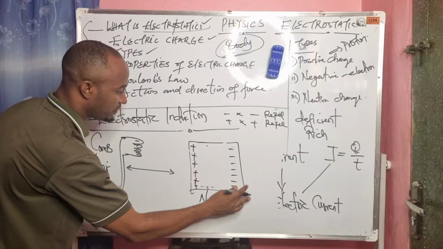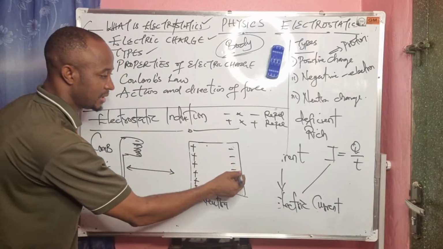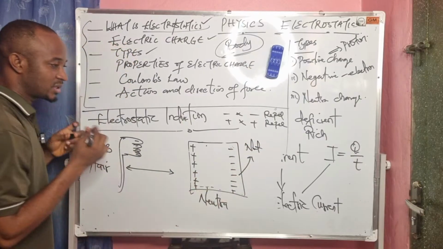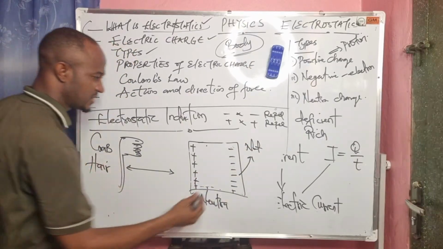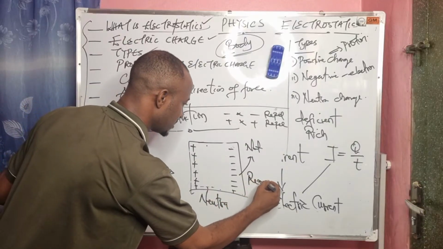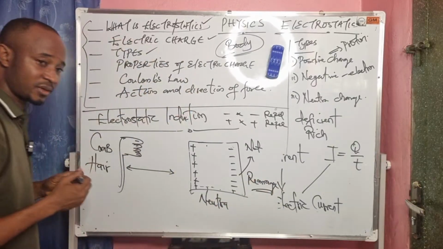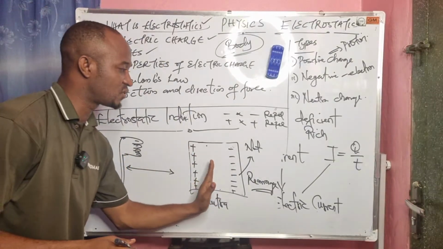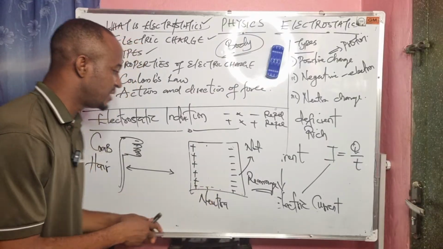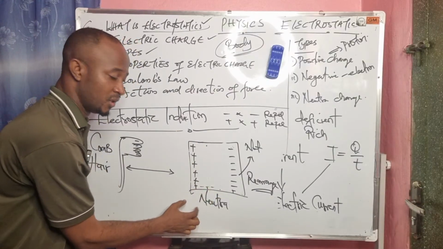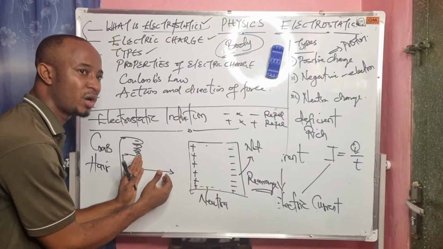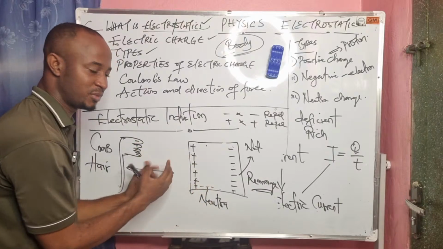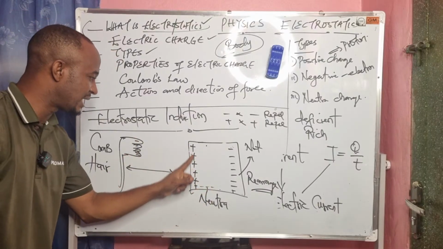When I say knocked off, it does not mean that the electrons disappear. Electrons did not vanish. What just happened is that there's a rearrangement. A rearrangement of these charges. All right. So the electrons in this comb knock off the electrons in the piece of paper, leaving behind only the protons here. So as this comb becomes closer to the piece of paper, it attracts, because negative will then attract what?